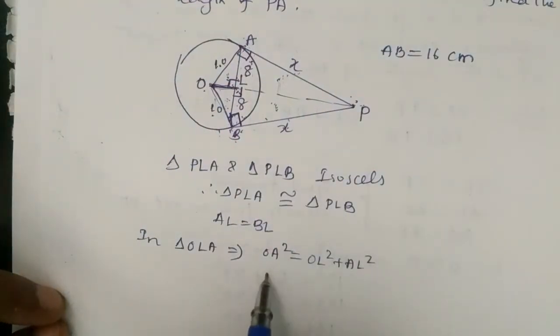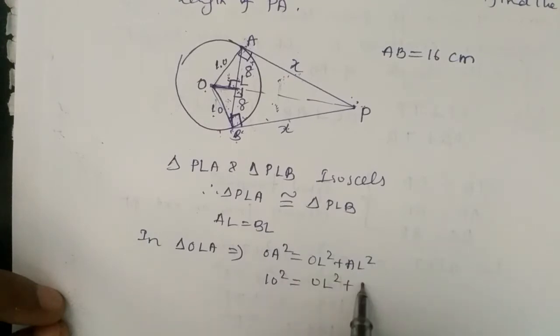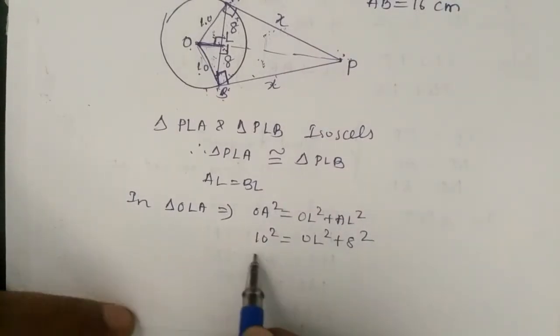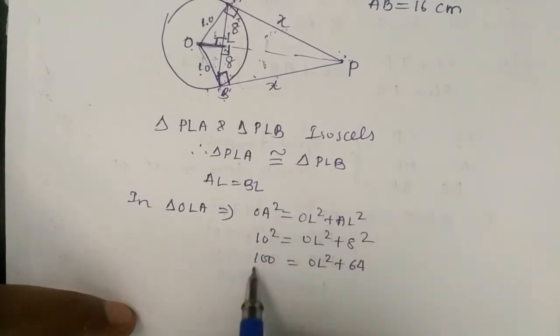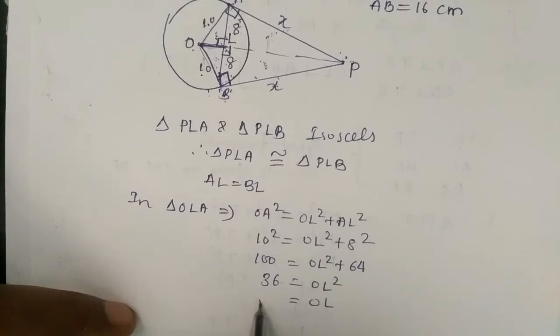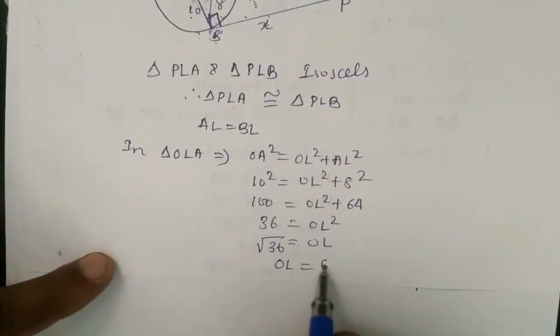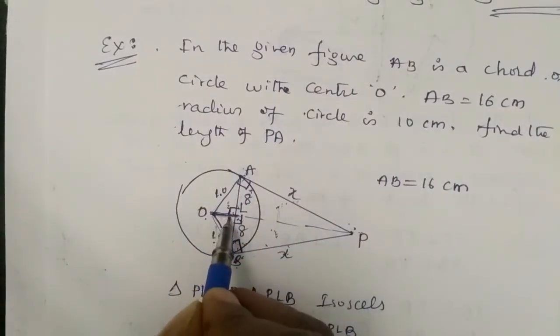OA is 10, so 10 square is equal to OL, which is unknown, square plus 8 square. We can use triplets also here: 10 and 8 combination gives 6. 100 equals OL square plus 64. Shifting 64 to this side we get 36. Then OL is equal to the square root of 36, which gives you 6 centimeters. We mark here that is 6. Finally we got OL as 6.